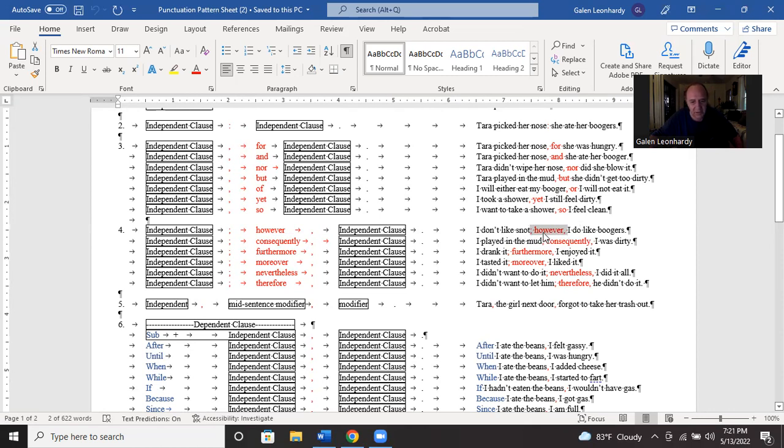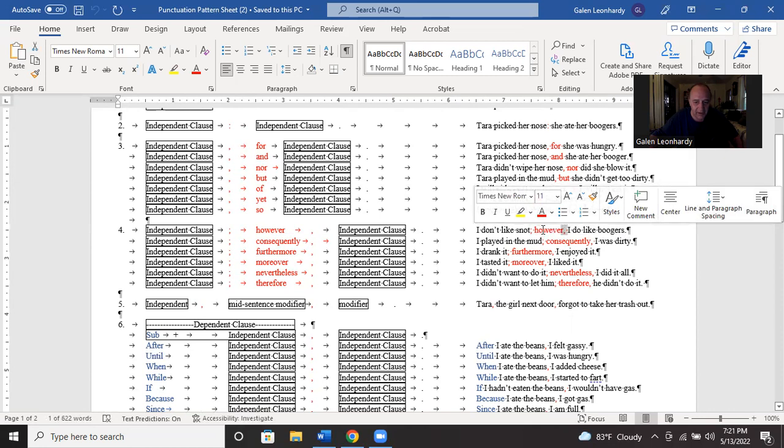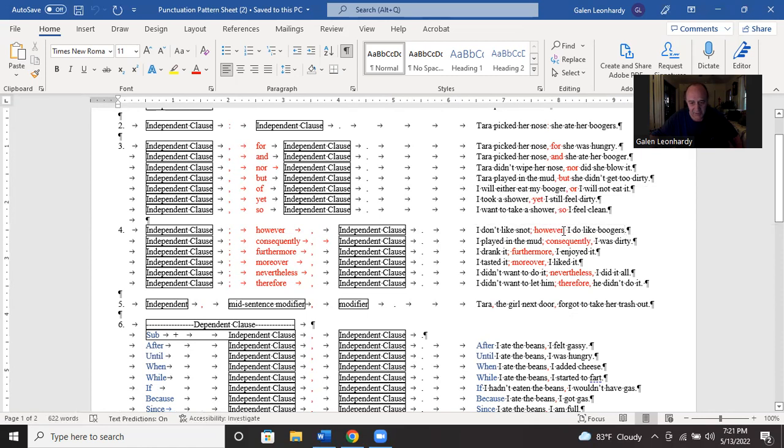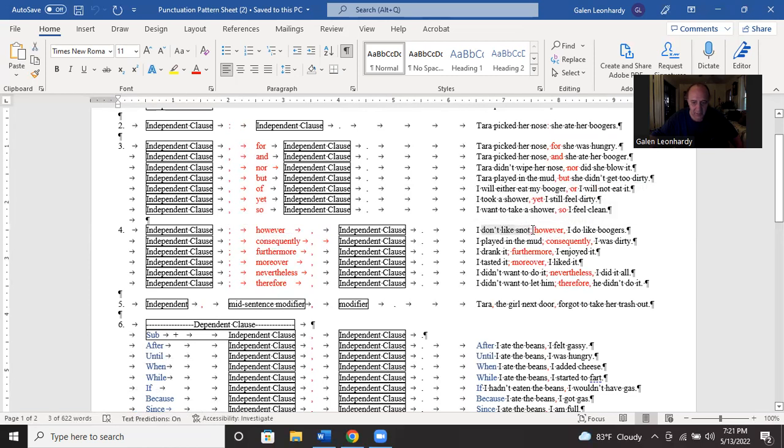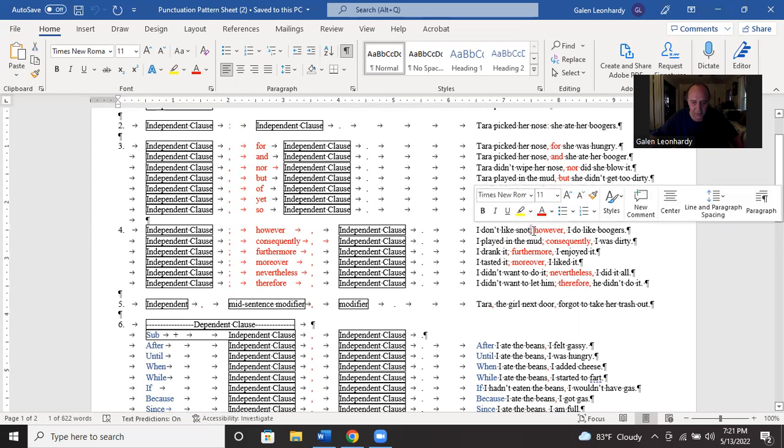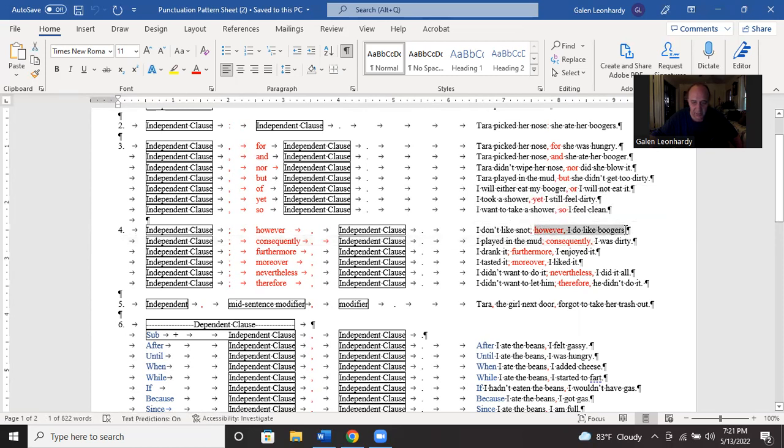So I don't like snot, semicolon, that's actually hooking. This is a whole sentence right there. It's hooking that sentence together. And then the however gets the comma after it because it's an adverb starting a sentence. I'm not going to worry you too much about that. I'm just going to tell you that the sentence is actually this independent clause hooked together with a semicolon to this whole sentence right there that begins with however, right?